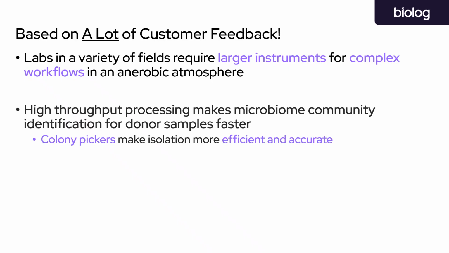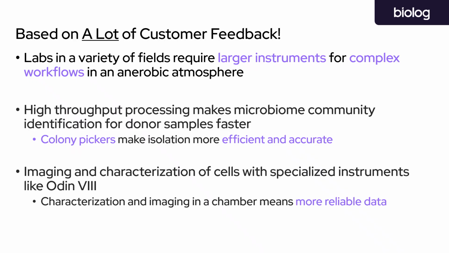For example, high-throughput processing of microbiome samples from donors often requires the use of colony pickers and liquid handlers due to the high volume of the samples being processed. Meanwhile, other research groups may need imaging and characterization equipment like the Odin-8, which when brought into the anaerobic chamber will give more reliable and more actionable data.